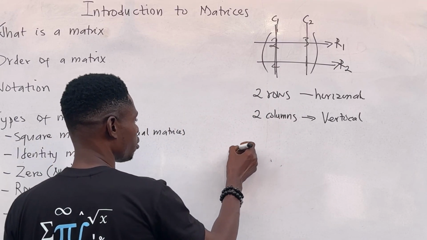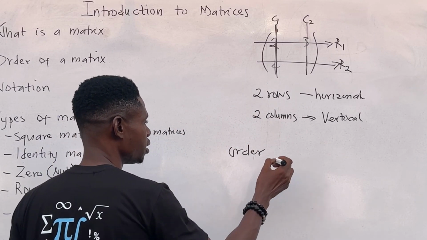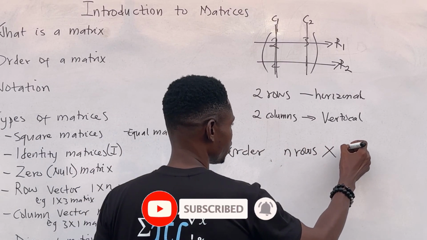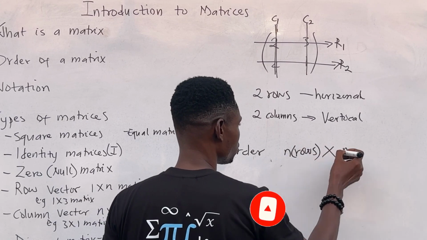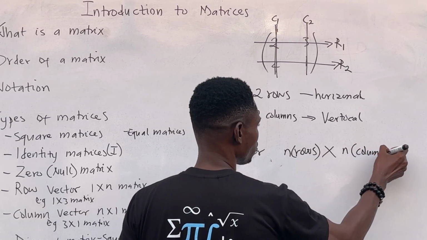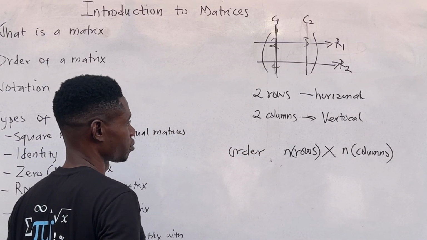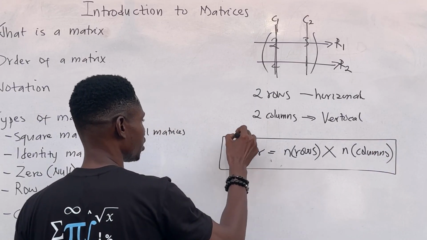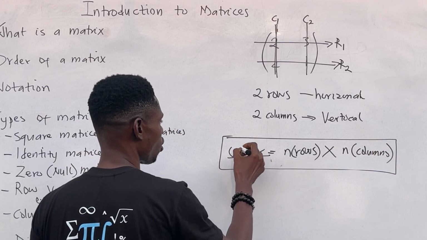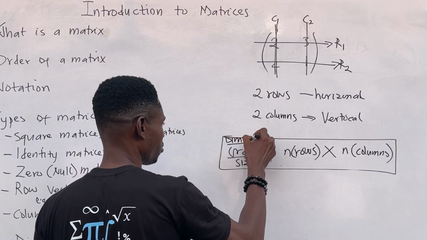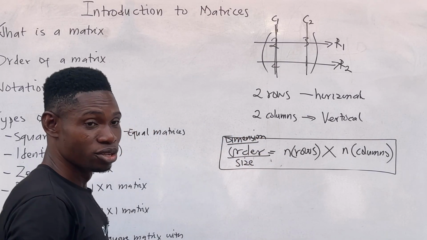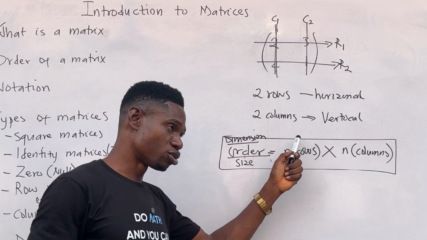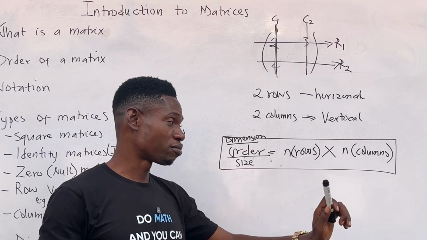The order is the number of rows multiplied by the number of columns. So this is how we define the order. Now this order can also be called the size or dimension of the matrix. So the order, or the size, or the dimension of this matrix is the number of rows of this matrix by the number of columns of the matrix.